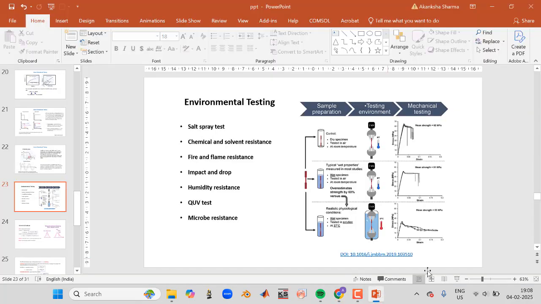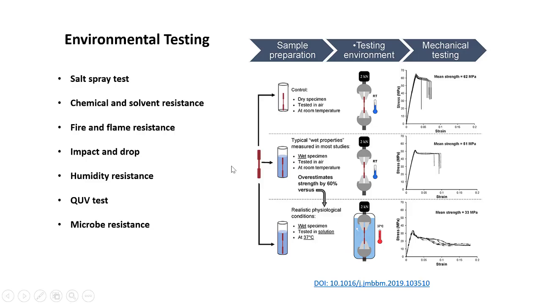So yeah, then humidity resistance and UV test also. So there are multiple tests. Suppose here is an example for a particular material which is having a strength of 62 megapascal at room temperature. This specimen was dry and tested in air and at room temperature.